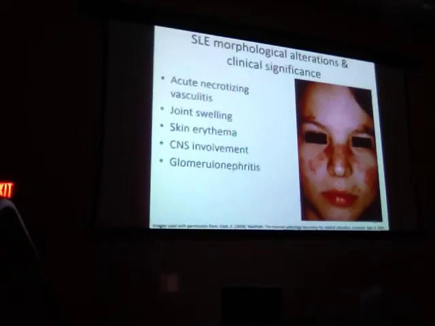Why do we start seeing manifestations of central nervous system issues in chronic systemic lupus patients? Well, the vasculature that perfuses the CNS is also affected. And as that vasculature narrows, you start reducing blood flow to certain regions of the brain. Depending upon where it is, you may have different types of manifestations.